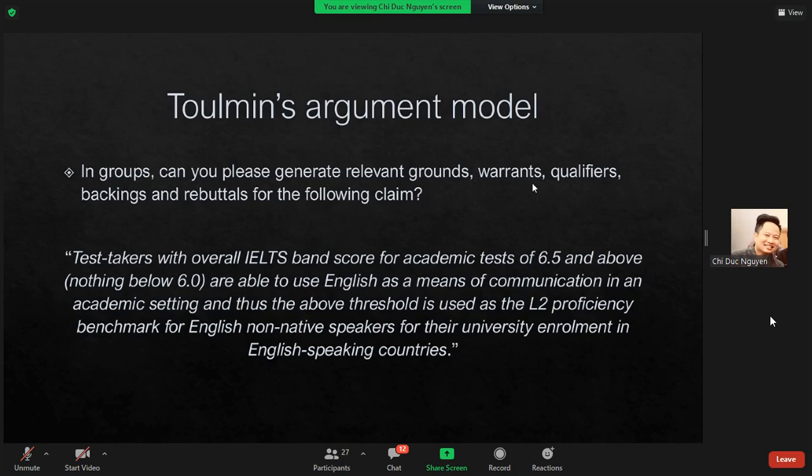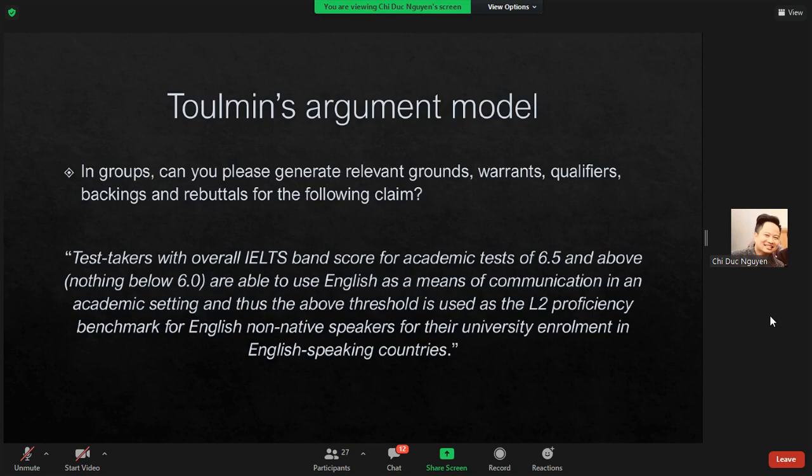Yeah, if you are the reader of this kind of writing passage, and the writer says, okay, in my opinion, 6.5 is enough, and I have already conducted a survey and interviews with students who have IELTS 6.5 above and below, and they all agree that 6.5 can enable them to communicate very well in academic settings.